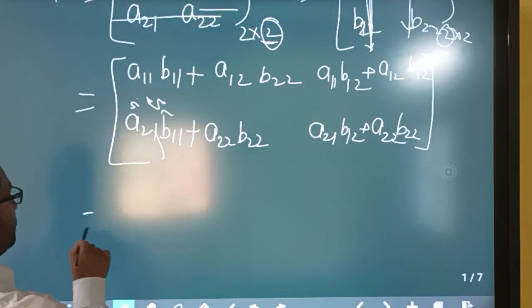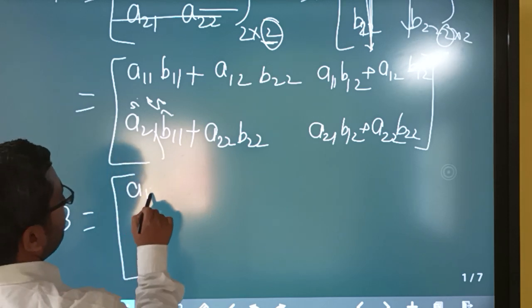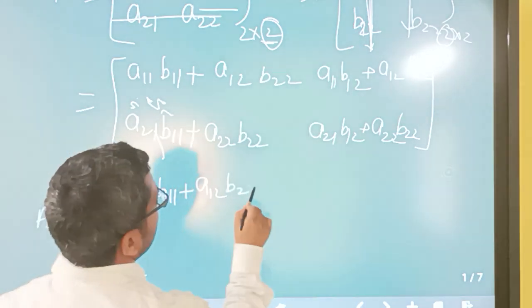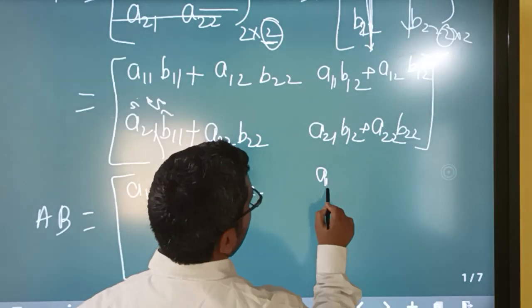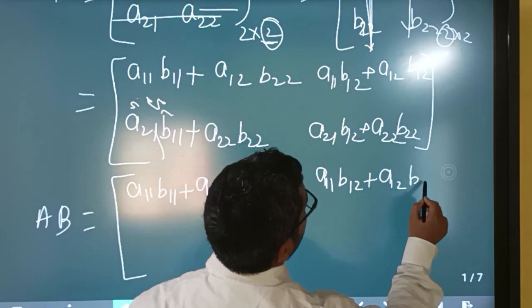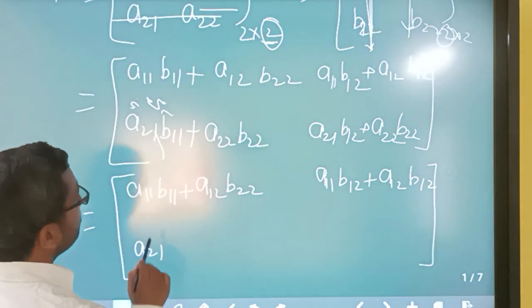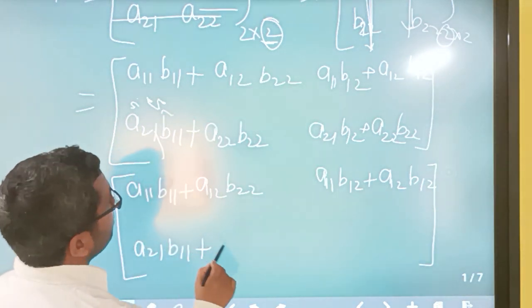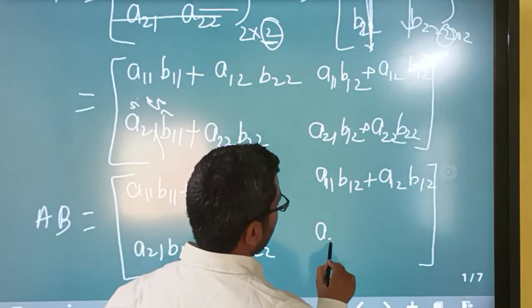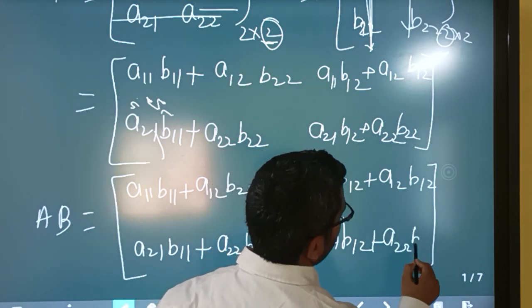We can write AB simply as: A11 B11 plus A12 B21, A11 B12 plus A12 B22, A21 B11 plus A22 B21, A21 B12 plus A22 B22.